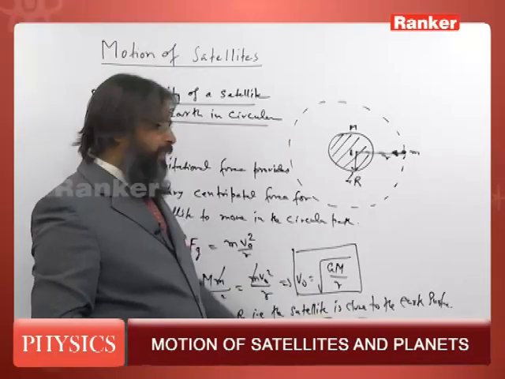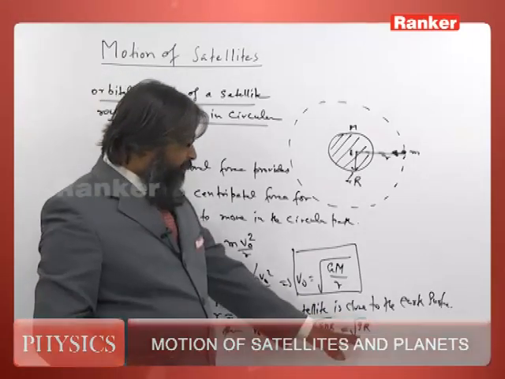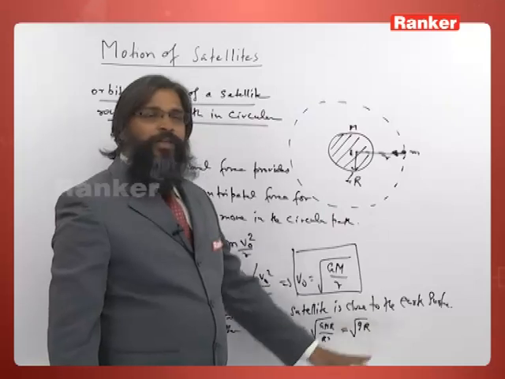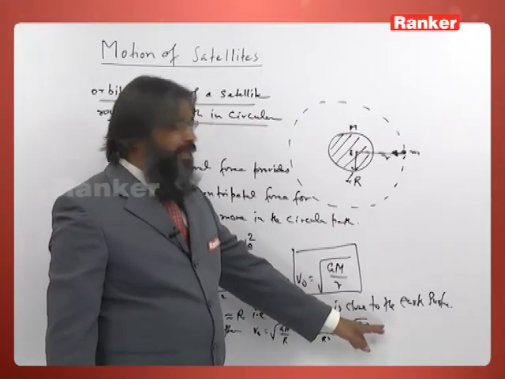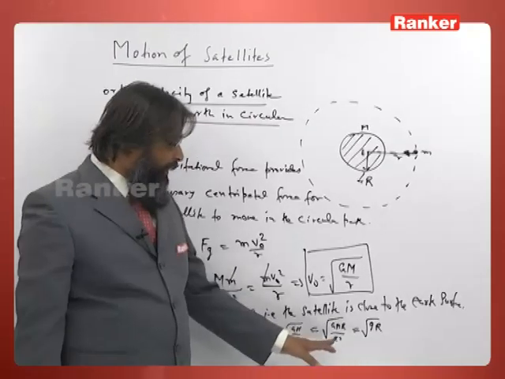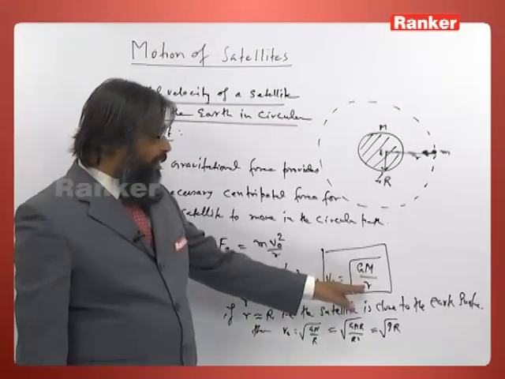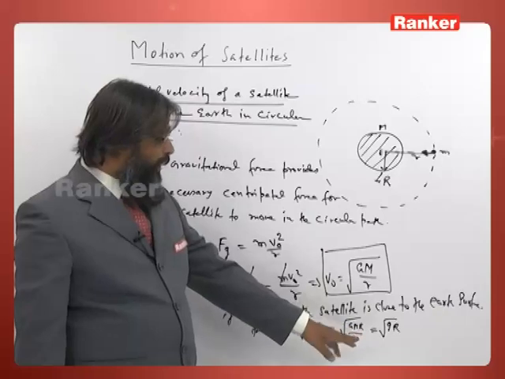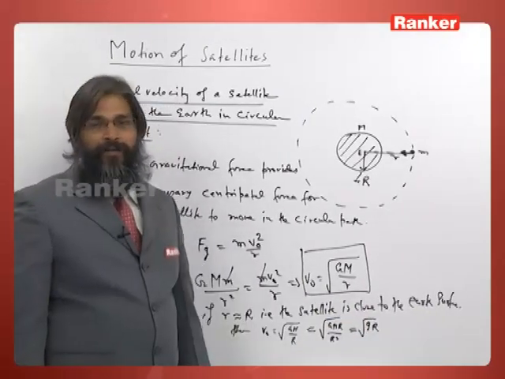This value is nearly 8 kilometer per second. So, the expression for orbital velocity is root over G M by r. If it is close to earth, it is root over g R.